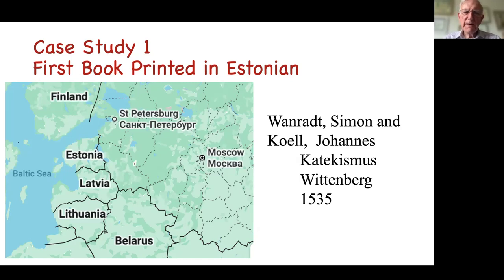The first extant book printed in Estonian was ordered to be destroyed immediately it was produced. We shall now examine this. This map shows you where Estonia is, uncomfortably next to Russia, but next to its neighbors Finland, Latvia, and Lithuania.